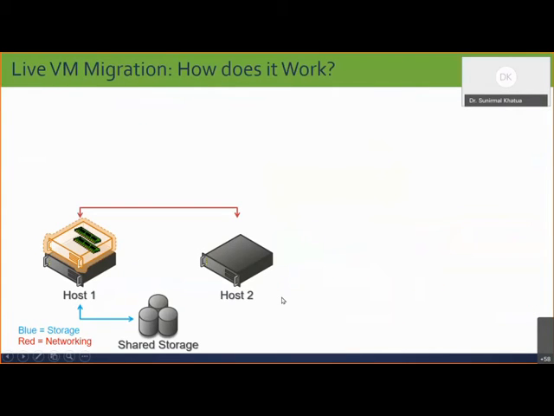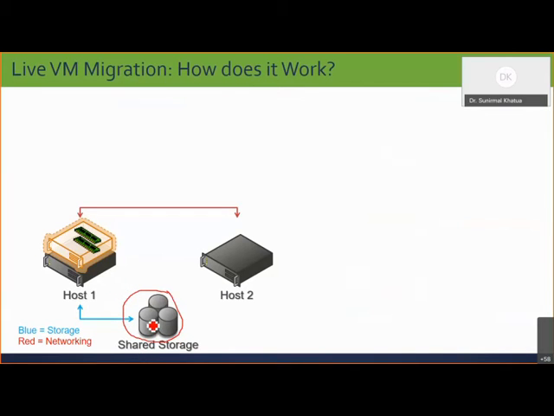For this, let us take an example. Suppose there is a host 1. Within that host 1, one virtual machine is running and we want to migrate it to host 2. The first thing we should know is that the backend stable storage is not directly attached to the virtual machines in a cloud environment. Rather, they have large shared storage like a storage area network.